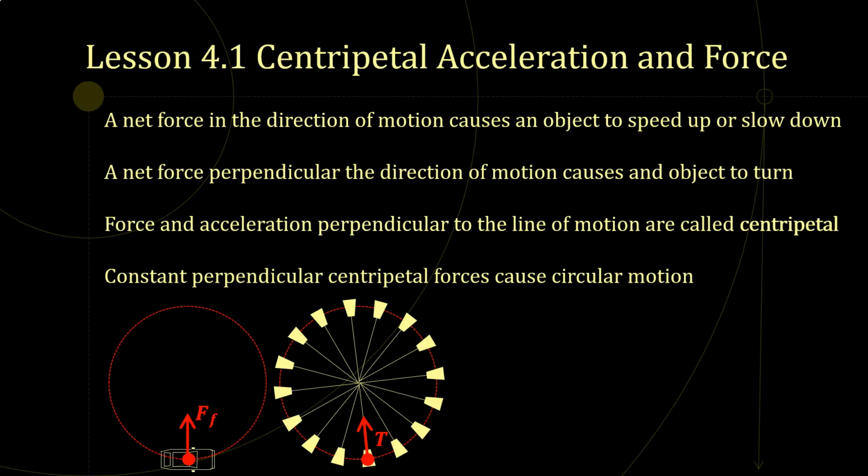Another example is happening right now, and maybe you're not even aware of it. As the moon orbits the Earth, and on a larger, more imperfect scale, as the Earth orbits around the sun, we've got centripetal accelerations and centripetal forces at play. What's happening as the moon moves around the Earth?